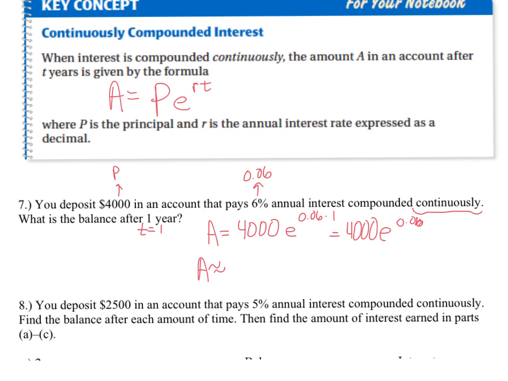If you type this into your calculator, you'll type 4,000 times the blue 2nd button, the LN button to bring up the e. You'll type 0.06 for the exponent, and then you'll hit enter. When you do that, you should get approximately $4,247.35.